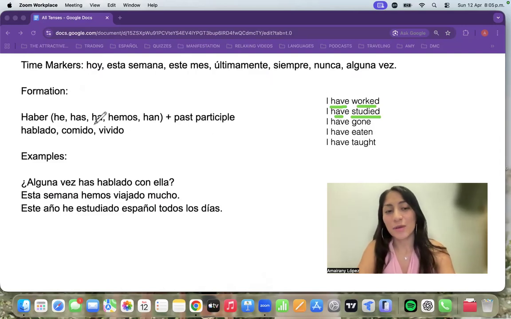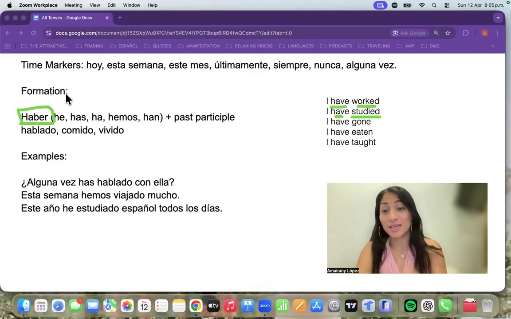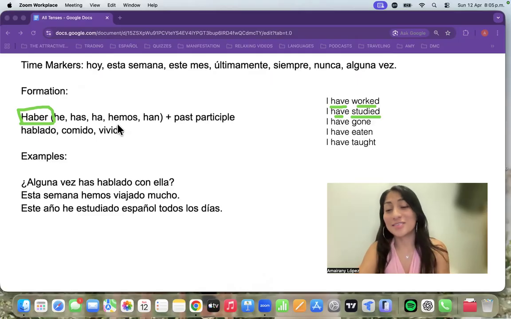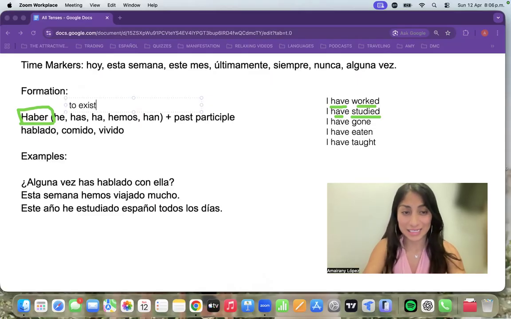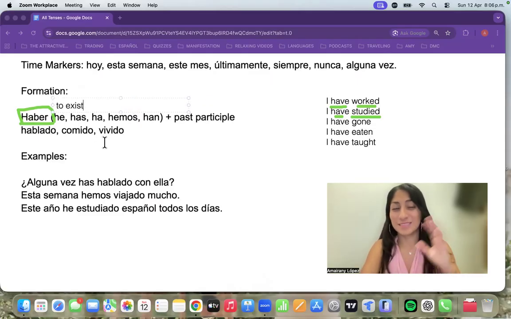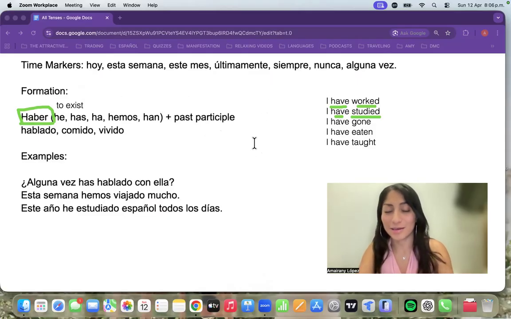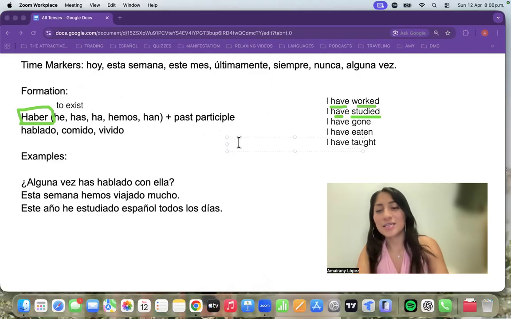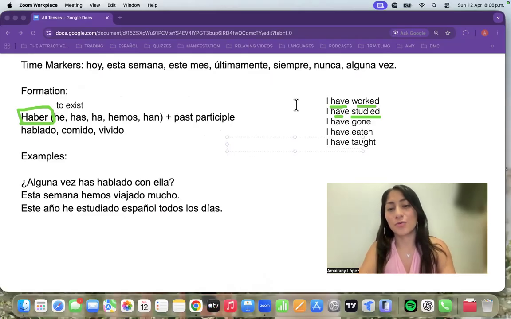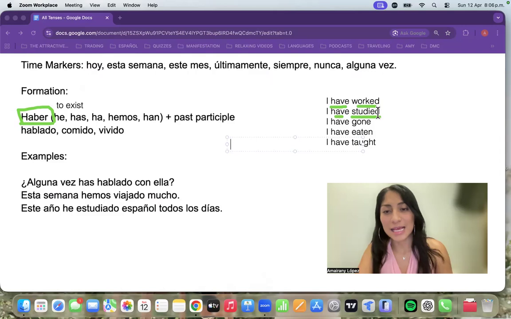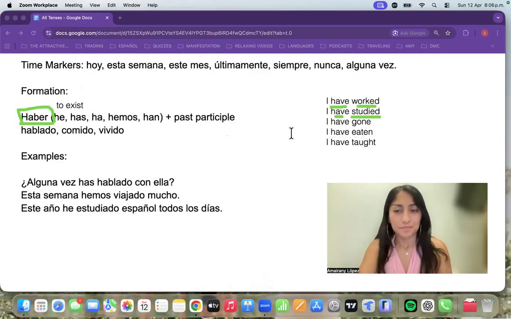So the first thing that we need for this in Spanish is a verb called haber. Now, haber is kind of like the have here, but important to know, haber does not mean to have. Haber is more like to exist. Okay? It's one of those vague translations because it doesn't really exist in English. But the way that we use it is very similar to the way that you use have in English for this kind of structure.